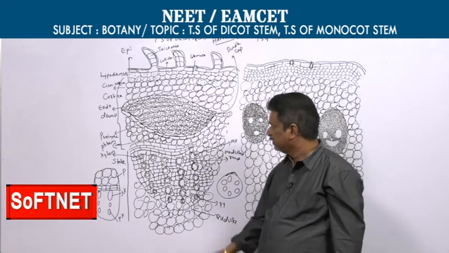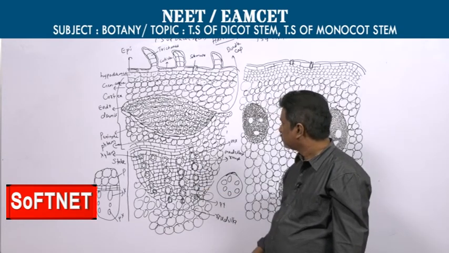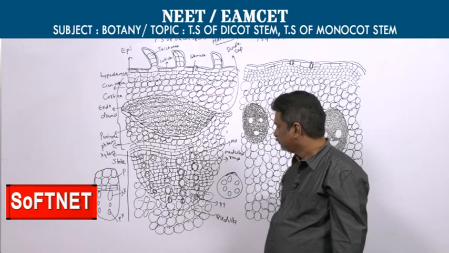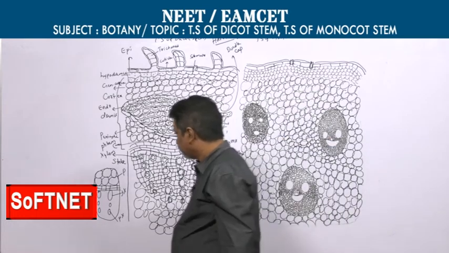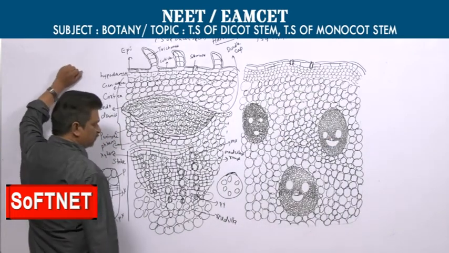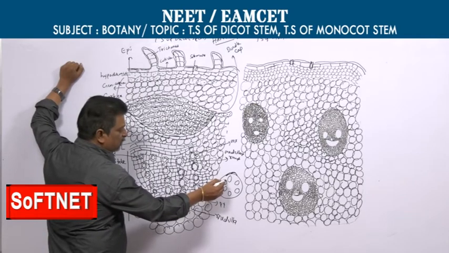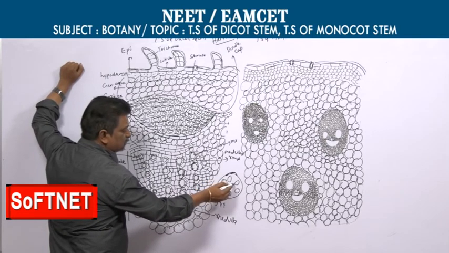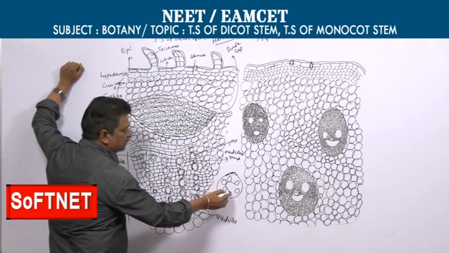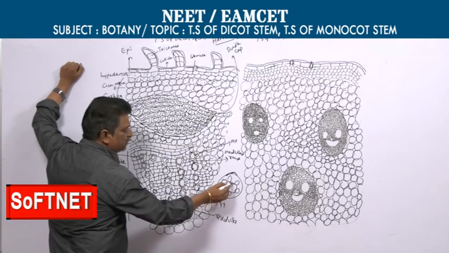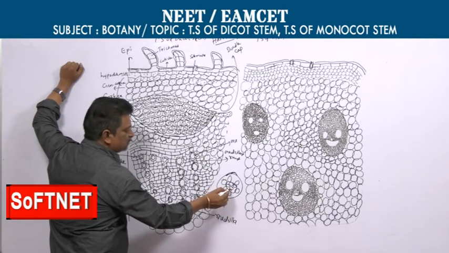So, pericycle, vascular bundles. The next one, medulla. In dicot stem, a ring of vascular bundles is present, so at center, an enlarged medulla is present.